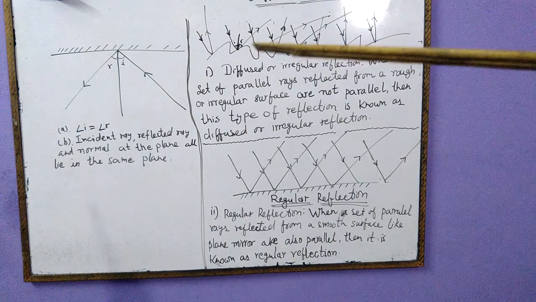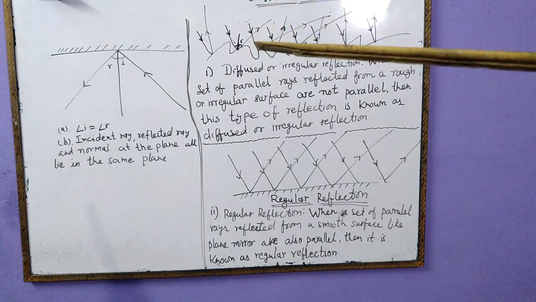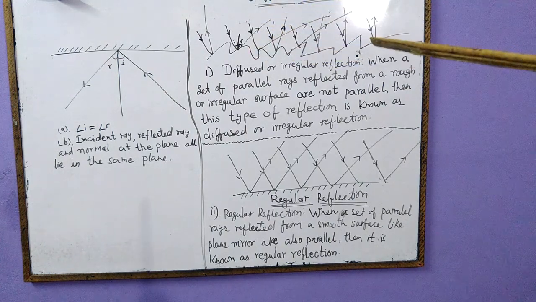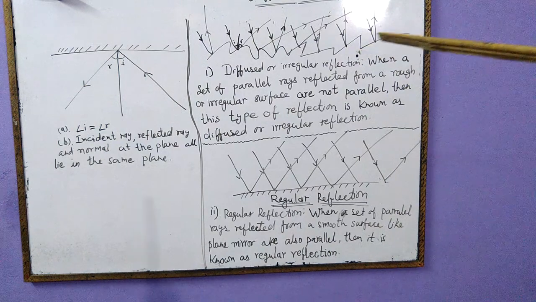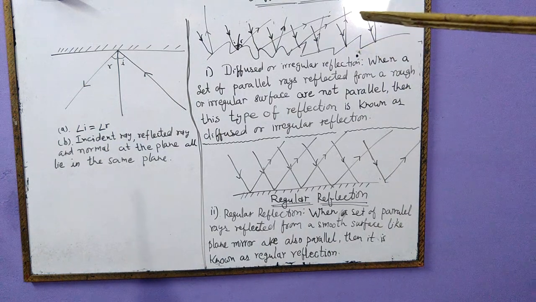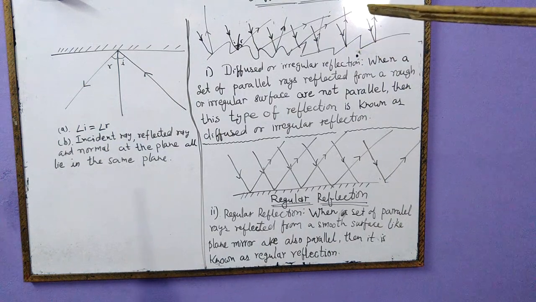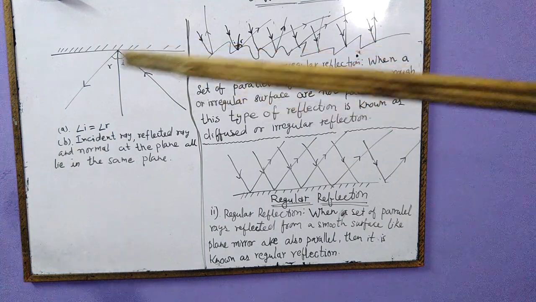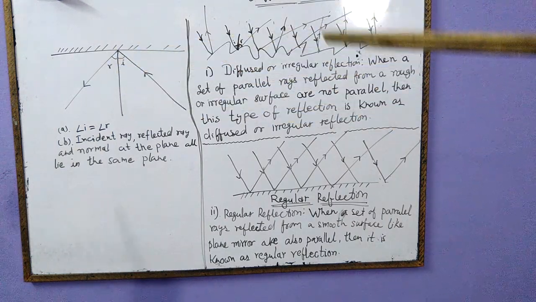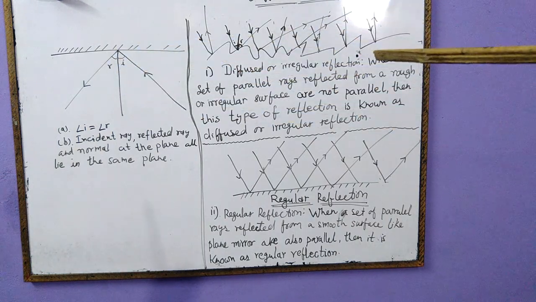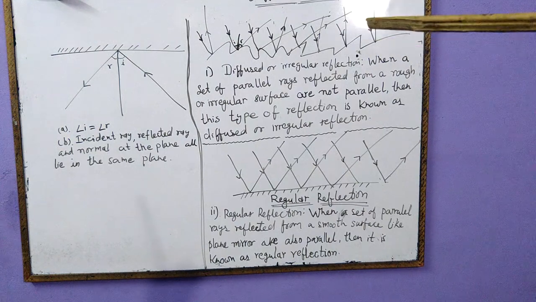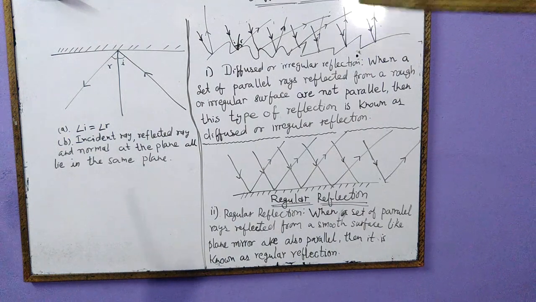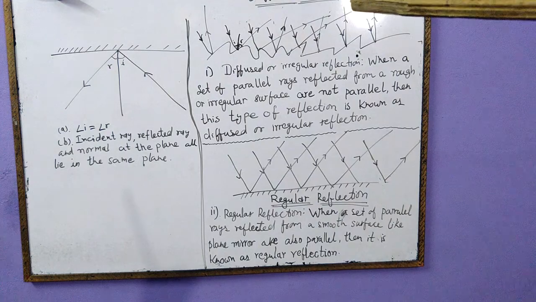The normal will be in this way, so the reflected ray is going that way. Here also you see, this is the surface, light is falling here, the normal will be simply straight on this surface. That's why the reflected ray will make an equal angle with the normal and reflect like this, fall like this, reflect like this, fall like this, reflect like this.